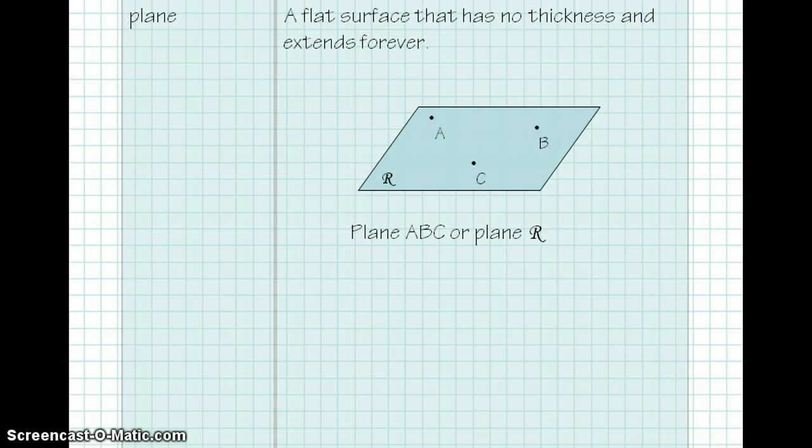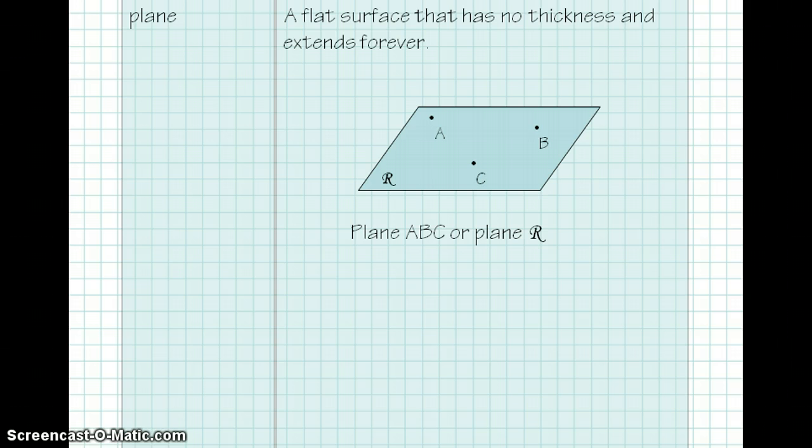And so the usual convention is to draw a parallelogram to represent the plane, and we just accept that it's going off forever in all directions. We just can't see that. And so this parallelogram with the 3 points in it represents a plane.